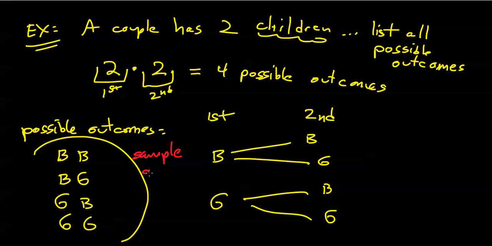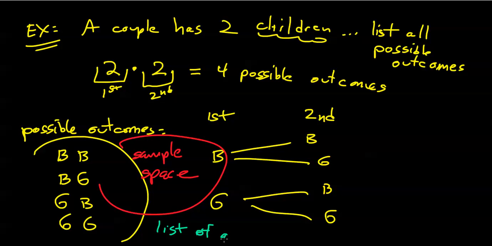Now that's a fancy name which really describes all possible outcomes of the experiment. So the sample space is really a list of all possible outcomes of the experiment of interest.